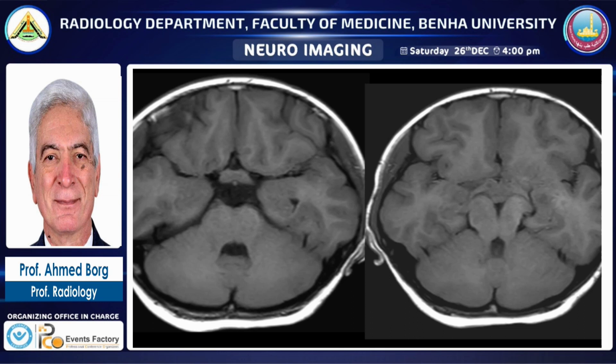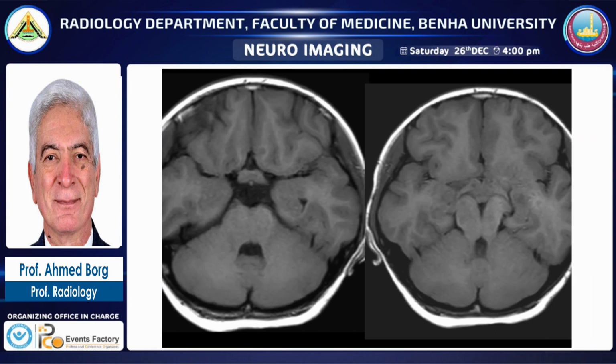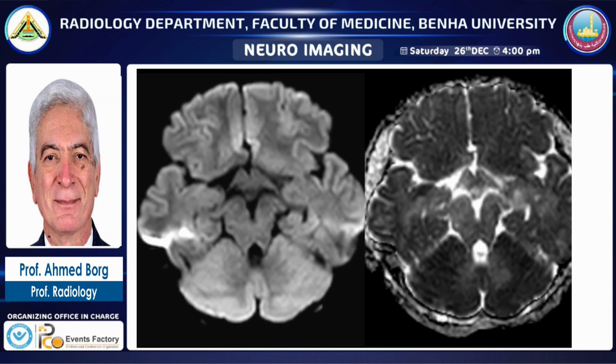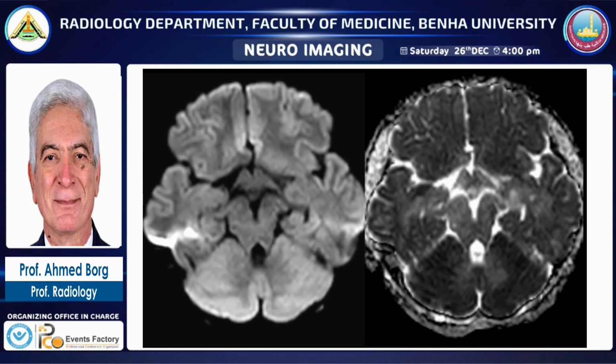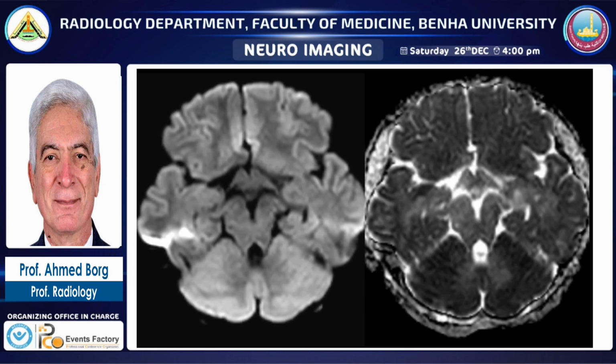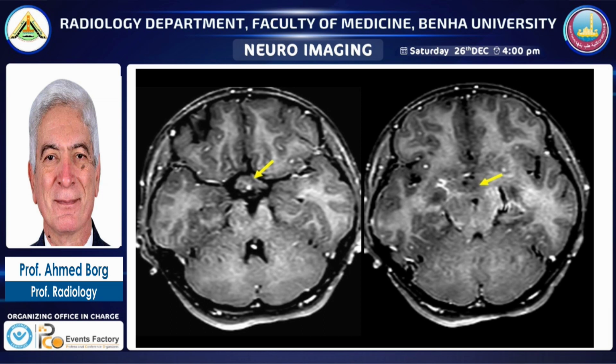Here is T2 weighted and T1 weighted image. There's enlargement of the optic chiasm and the beginning of the optic radiation. Here's the hyperintense. There's no diffusion restriction in this ADC and diffusion weighted image.